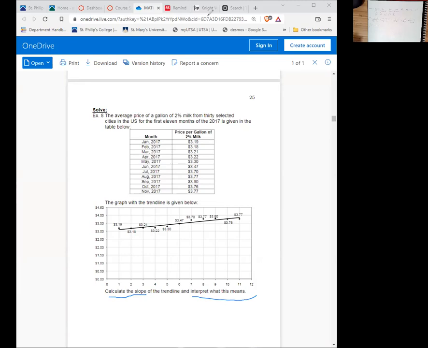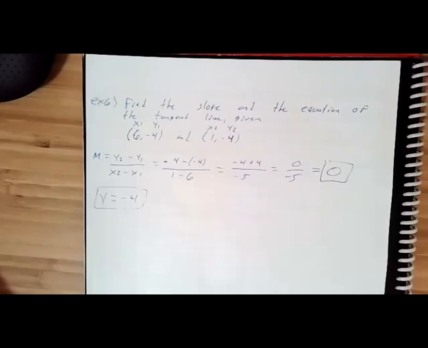So if you see an upward trend on anything, it should have a positive slope. You see it going downward, then that'll be a negative slope. So even though we haven't solved it yet, we should be able to see what's going to happen. So let's do that one.